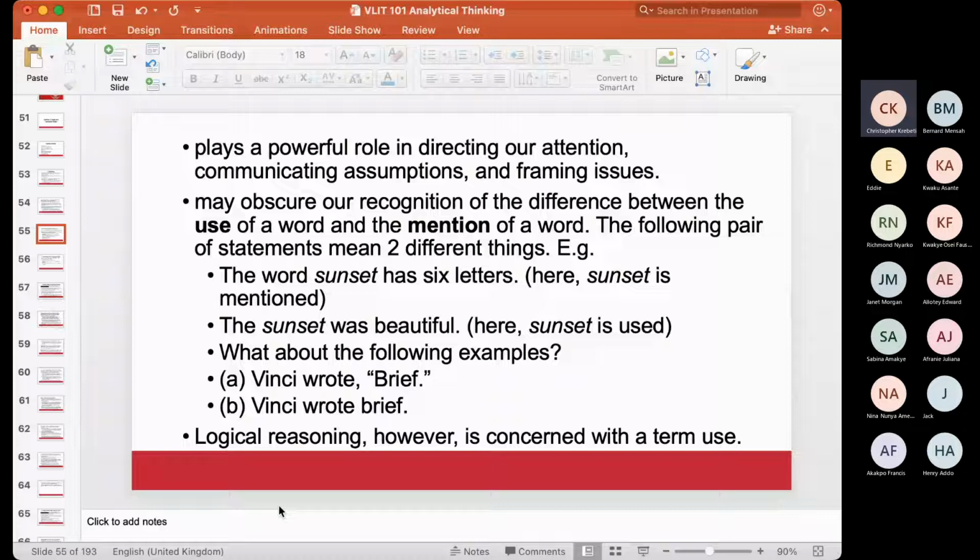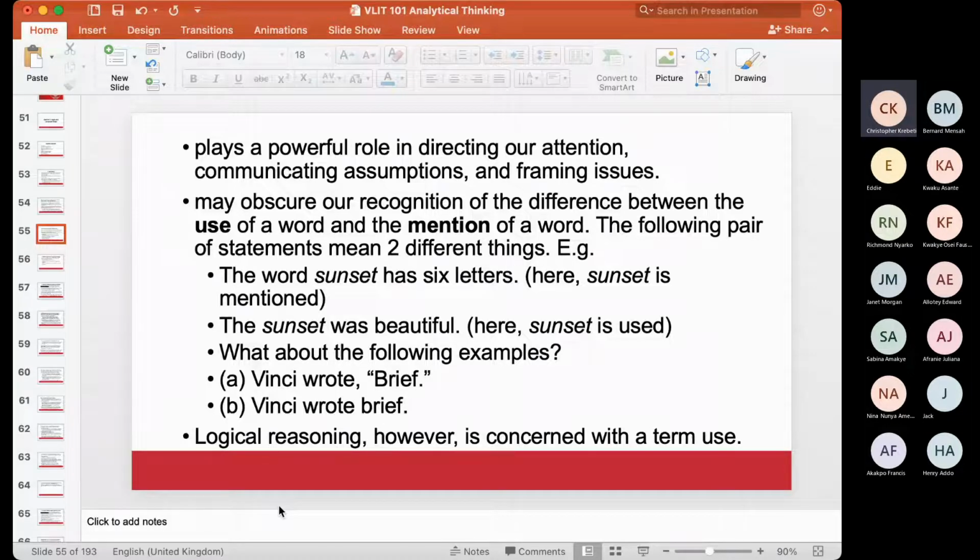So let's look at two specific examples. The first example has to do with the term sunset. Look at the sentence: The word sunset has 6 letters.